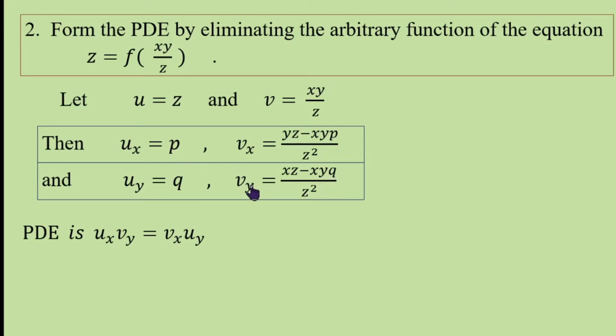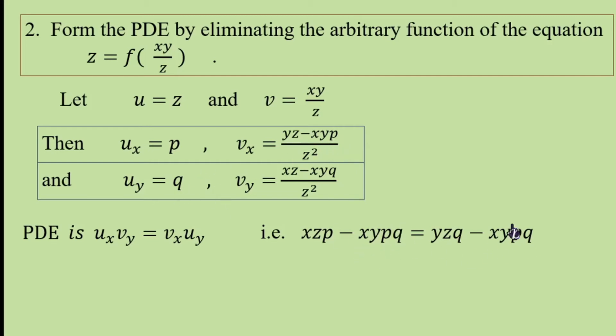ux vy: p into xz minus xyq divided by z square equal to q into yz minus xyp divided by z square, and cancel the common term z square. The remaining terms are p into xz, so xzp minus xypq equal to q into yz, yzq minus xypq.